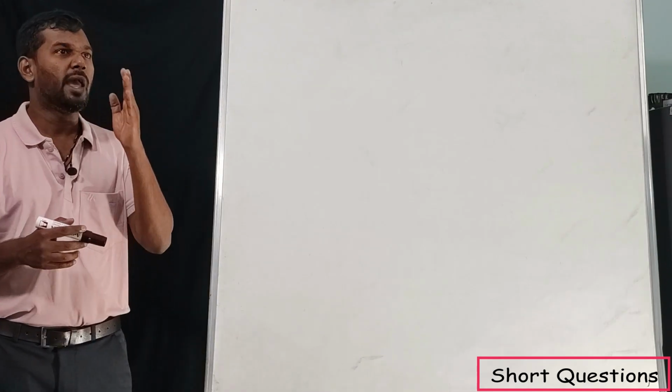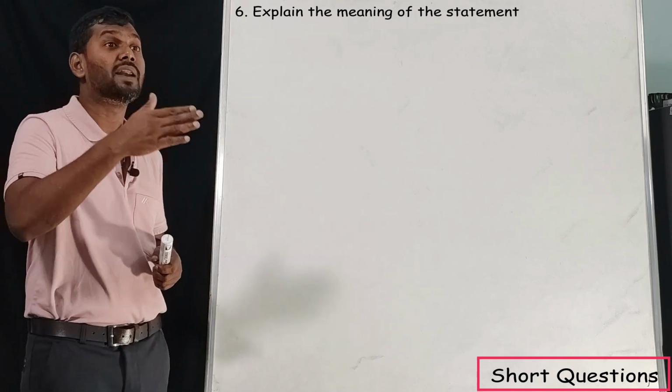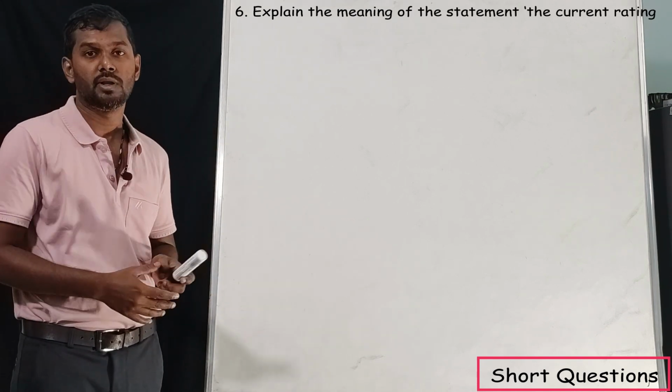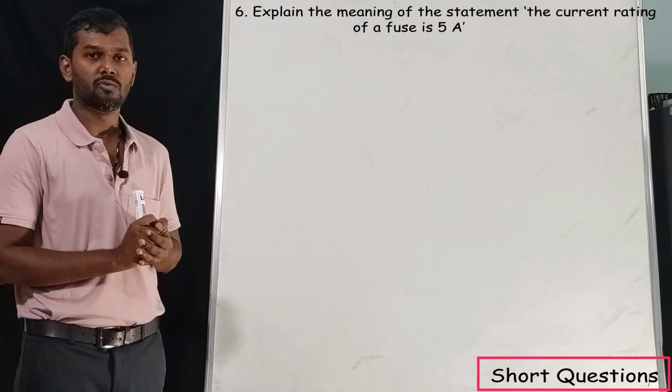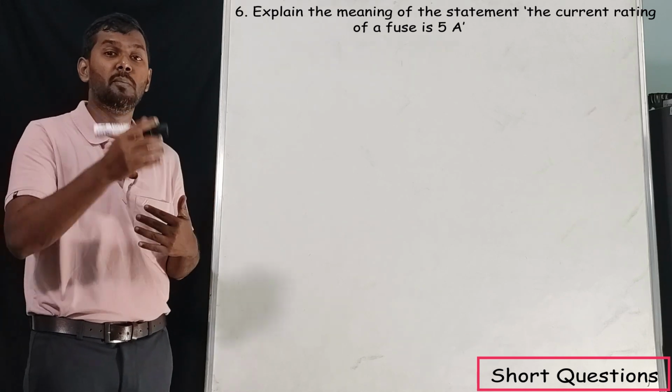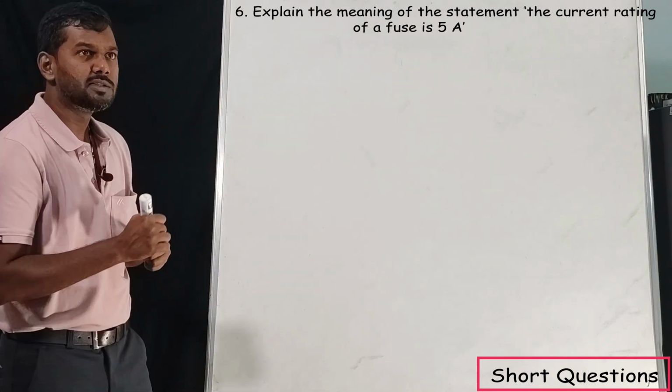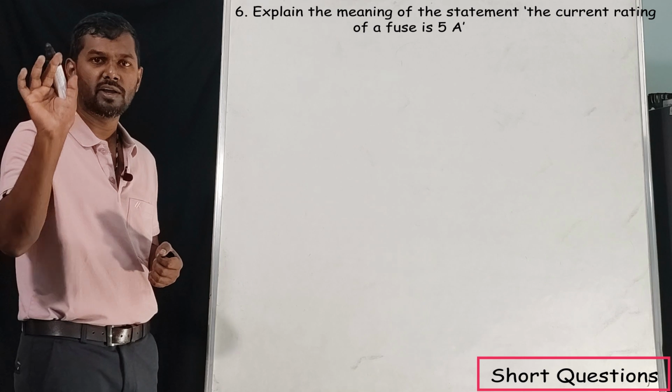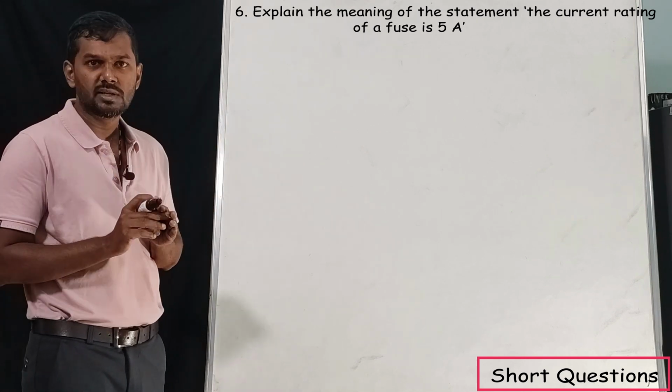Our next question: explain the meaning of the statement 'the current rating of a fuse is 5 ampere'. This is a very important question. Why? Because this explains the meaning of the fuse. What is the meaning of this statement?